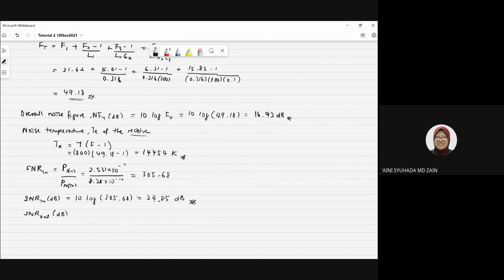The SNR out is basically the value of the input signal to noise ratio that you have minus your noise figure in dB. So you already have the input signal to noise ratio just now, 20.85.